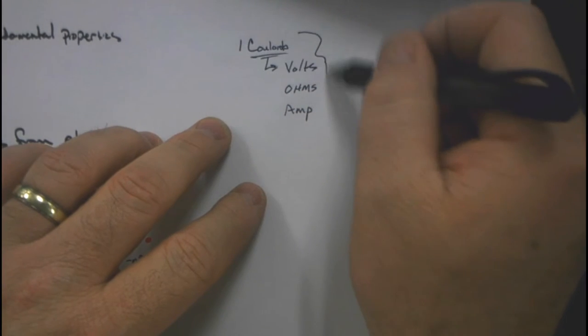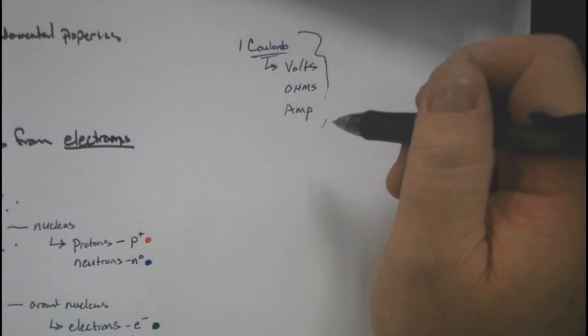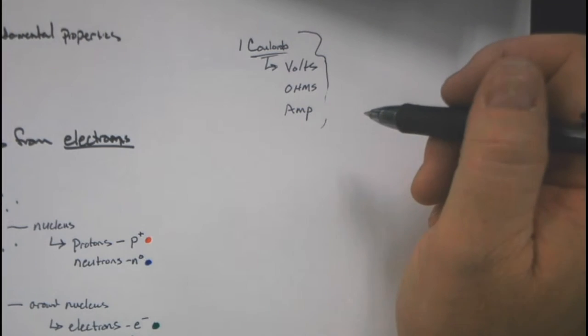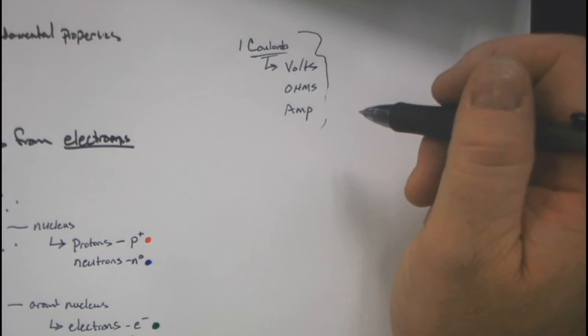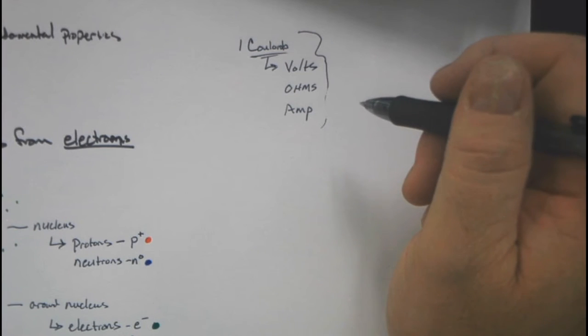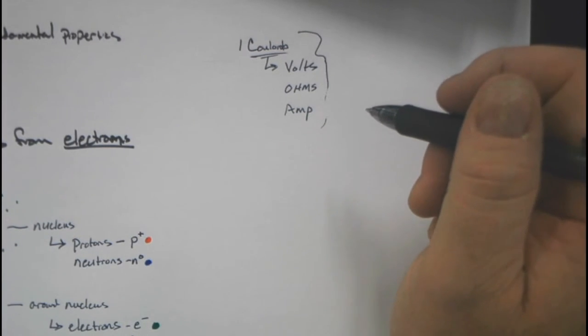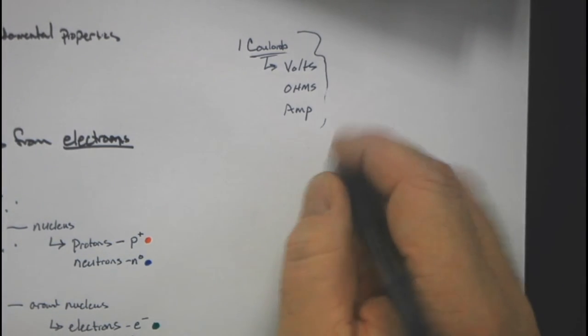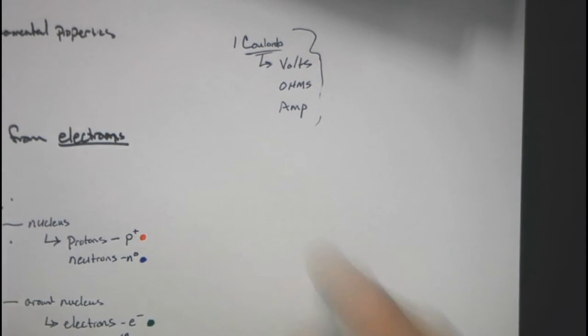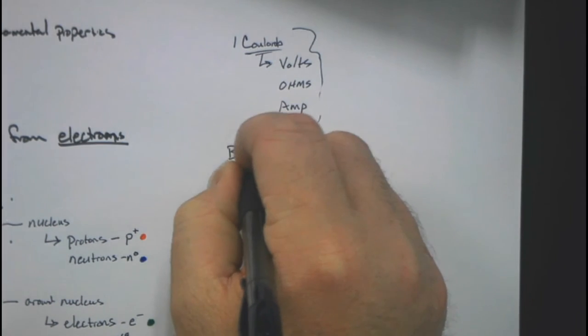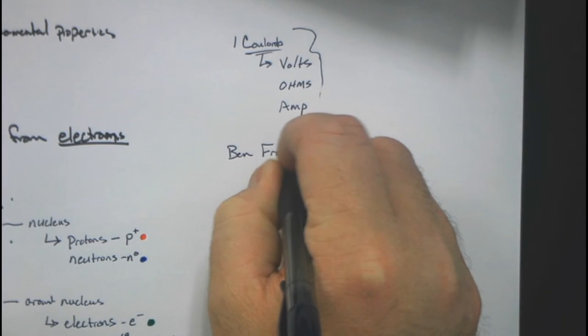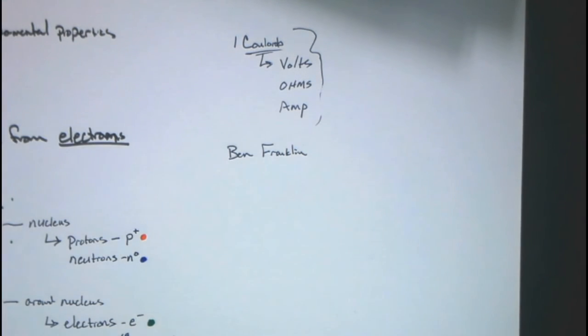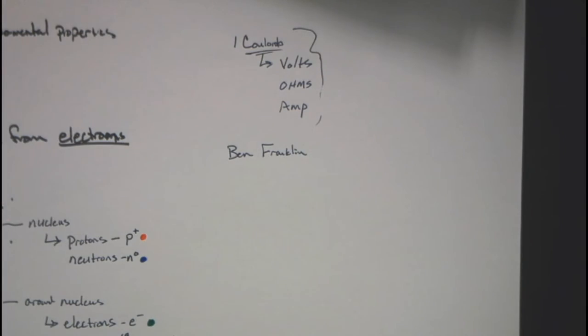These were all determined long before the start of the 20th century, the early 1900s, which was when we discovered what an electron was. And so there's a little bit of story here. Ben Franklin. Yes, that Ben Franklin, is one of the pioneers of the study of electricity and magnetism.